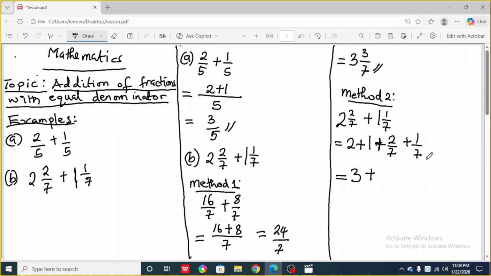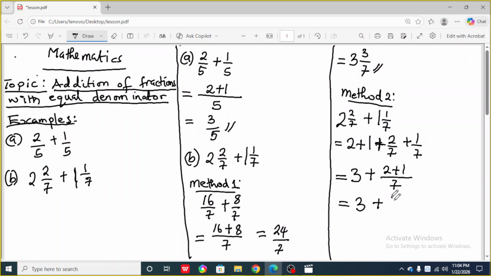We take 7 to represent both. So what do we do? We add the numerator. So when we do that, we are having 3 whole number plus 2 plus 1 is what? 3 over 7.